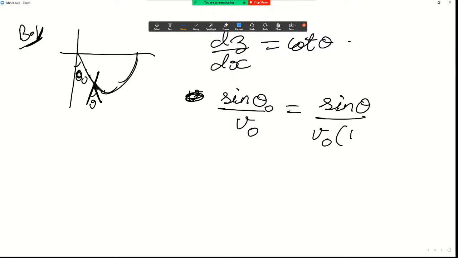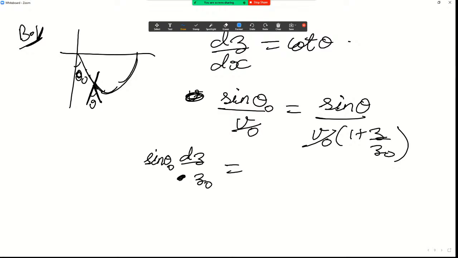V is v naught times 1 plus z by z naught. Yes, we can just differentiate. So we have dz by z naught times sine theta naught equals cos theta d theta.